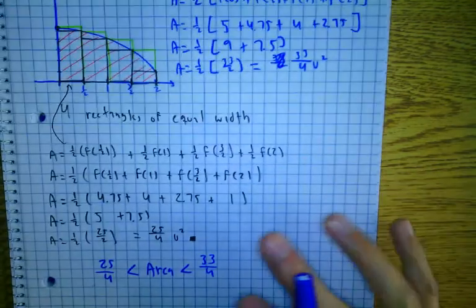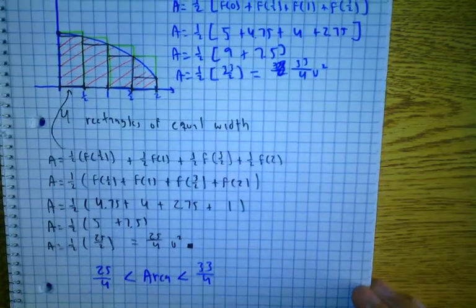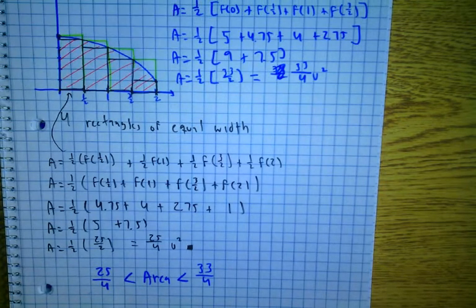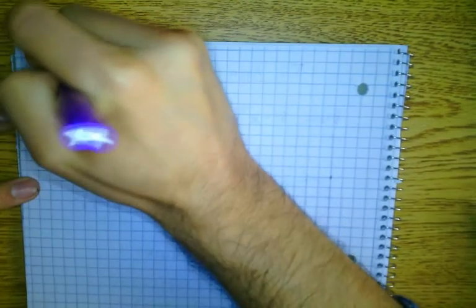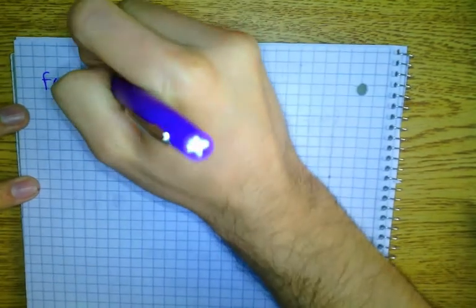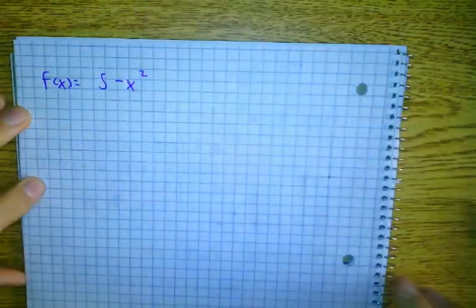Okay? All right. There is a third scenario. Let me see if I have a different one. Honestly, not my favorite one, but I think I'm going to have to redraw this because then it's going to get messy. Okay, we're going to use the same problem. We're going to have f of x is equal to 5 minus x squared, right?